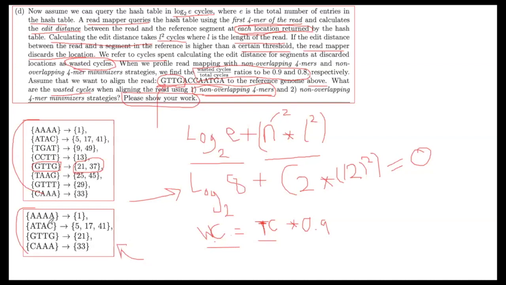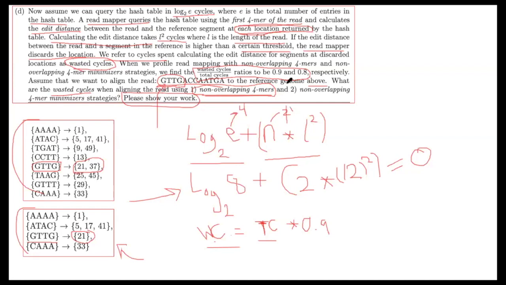So the number of entries in the hash table here is 4. So we substitute E as 4, right? Now, let's look for the same k-mer we extracted from the read, which is GTTG. Do we have GTTG here? No, we have it here. Okay, so how many locations do we have? Only a single location. So we are going to perform edit distance only once, and n here will be 1, not 2.